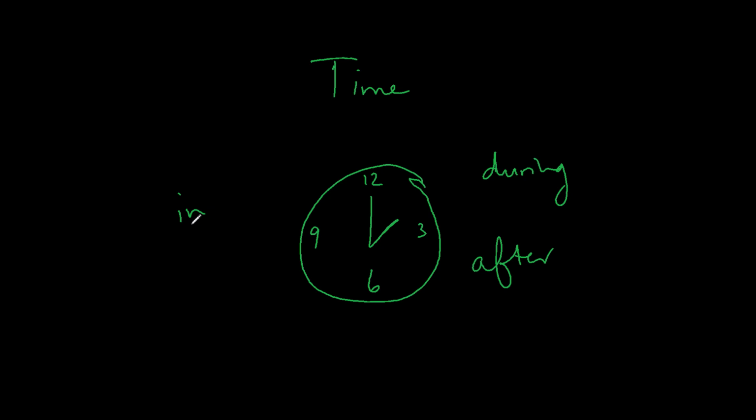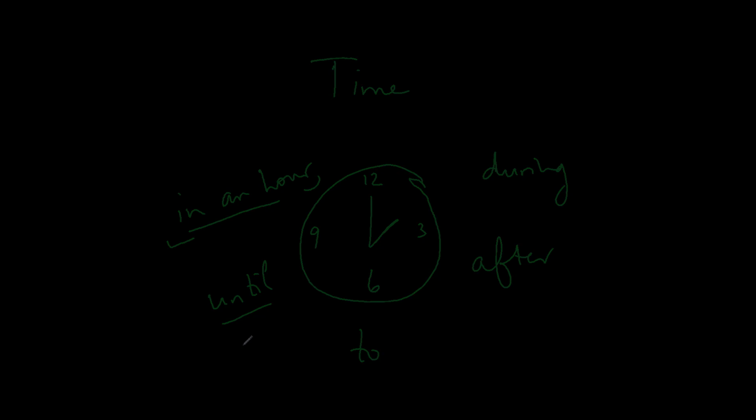And in each case, that preposition again has to be followed by that object, right? So in an hour, the hour is the noun, it's the object of the preposition, and again, together this is a prepositional phrase. You can say to, you can say until. There are many more prepositions that have to do with time. It's not quite as big a category as the spatial prepositions, but it's another important one to know about.